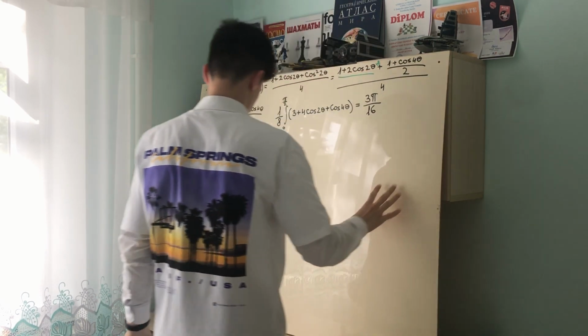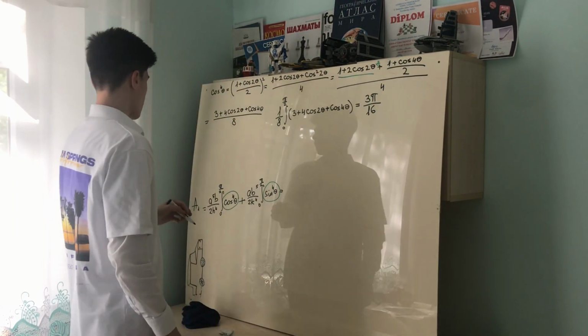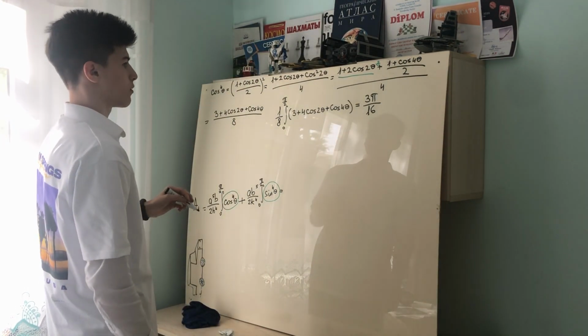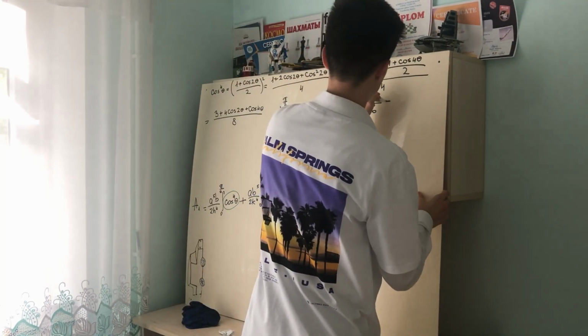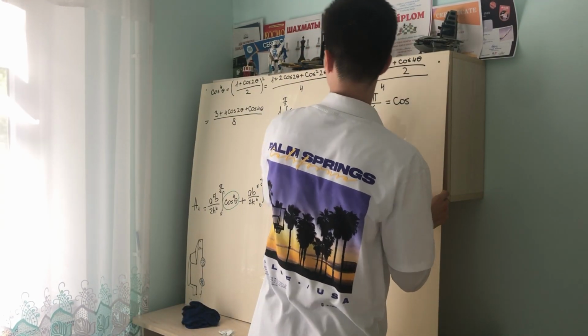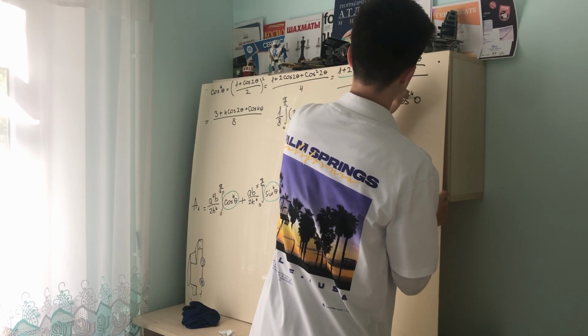You can check it. So 3 pi over 16 is our cosine to the 4 theta.